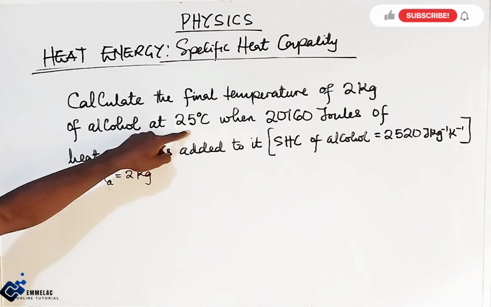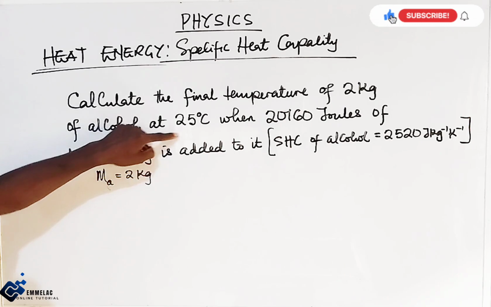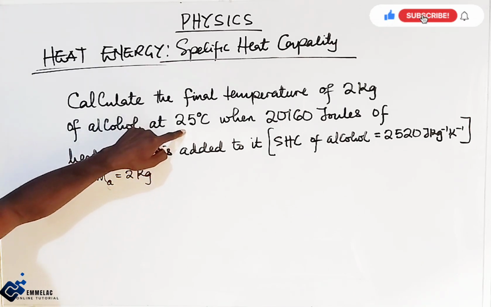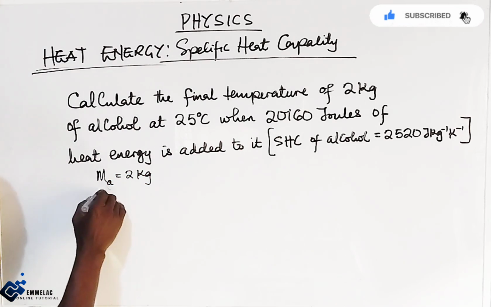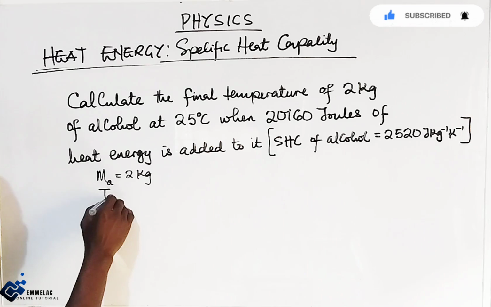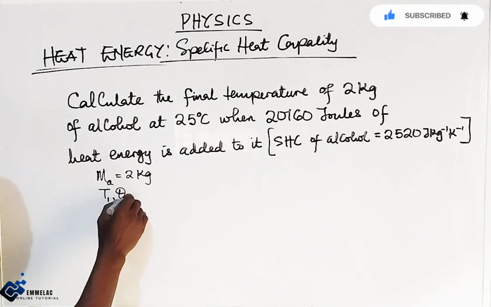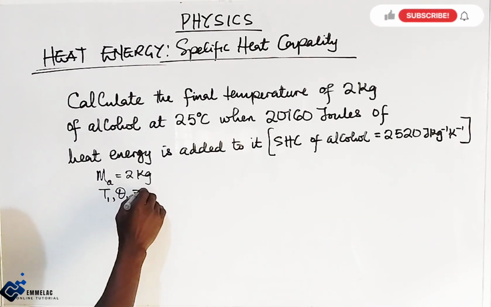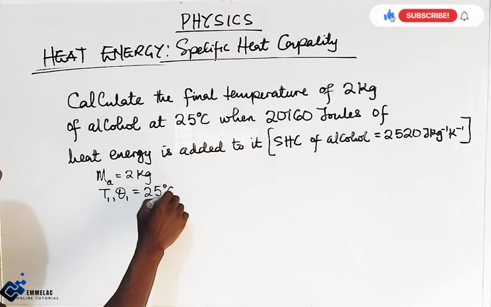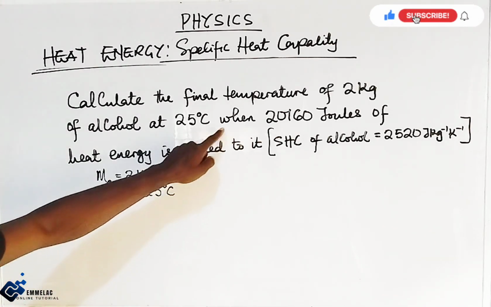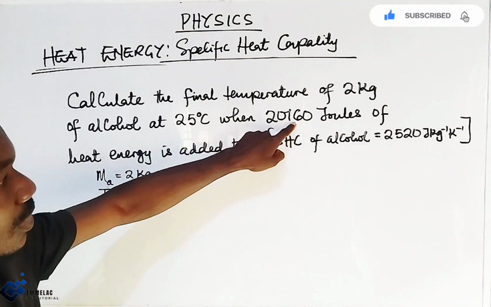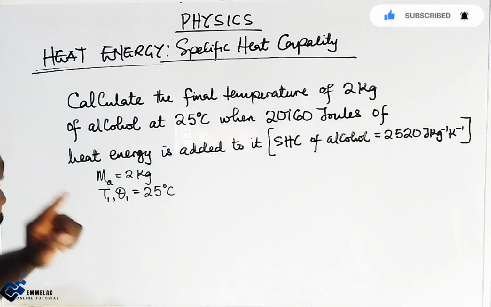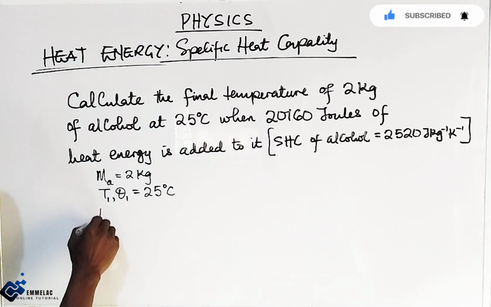Now this is the initial temperature. So we can denote that, let us say maybe T1, or you can just say theta1, depending. You have 25 degree centigrade. Now, 20,160 joules of heat energy, so we write that out.